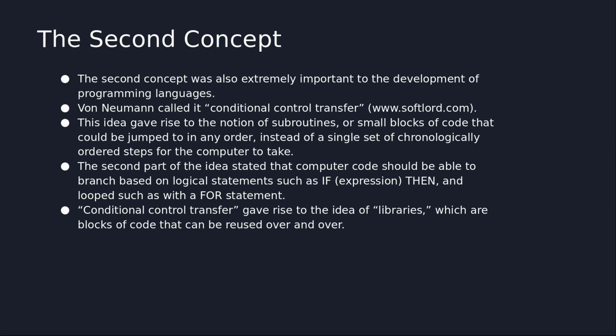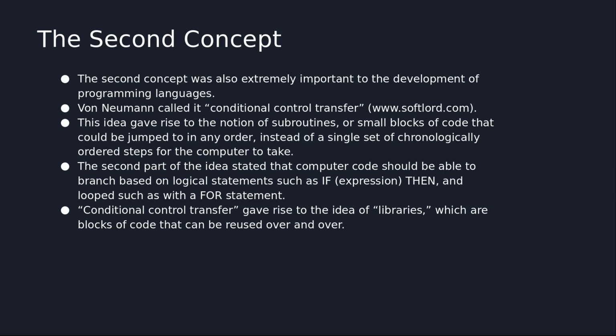And the second concept was also extremely important to the development of programming languages, and von Neumann called it conditional control transfer. This idea gave rise to the notion of subroutines, or small blocks of code that could be jumped into in any order, instead of a single set of chronologically ordered steps for the computer to take.